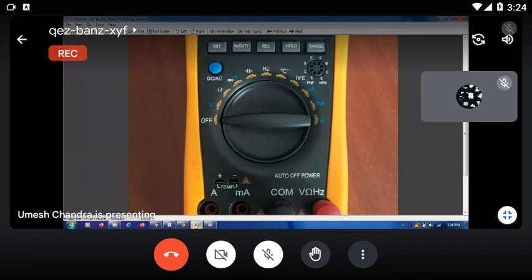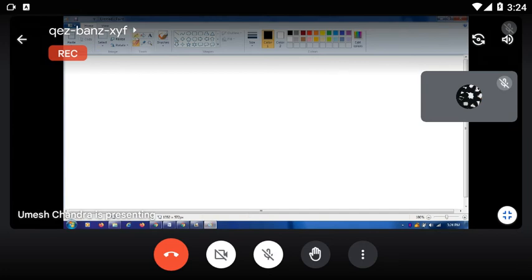Physically, it is like this. Your lead and probe: one is black, another is red. This is connected with the multimeter hole, and the other is the multimeter hole.